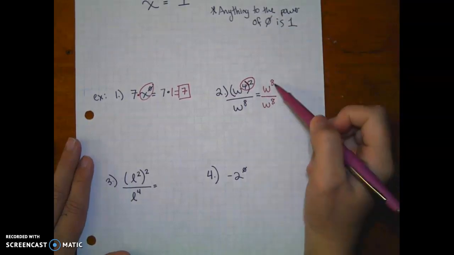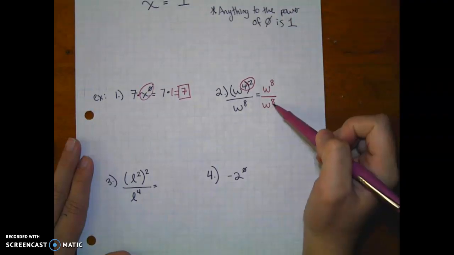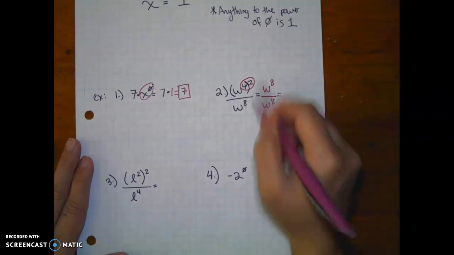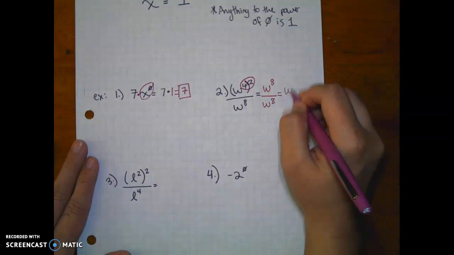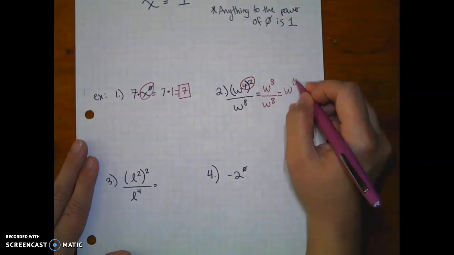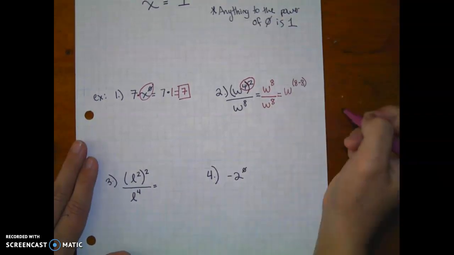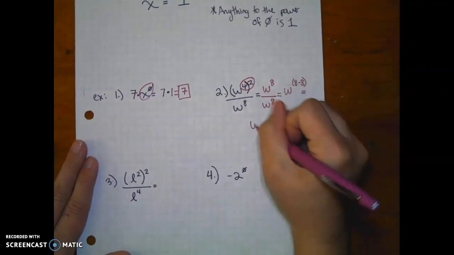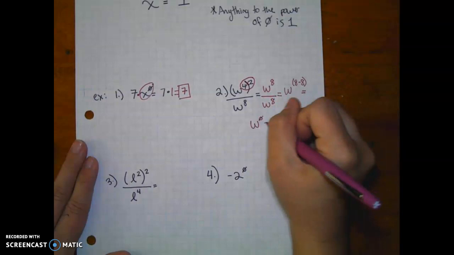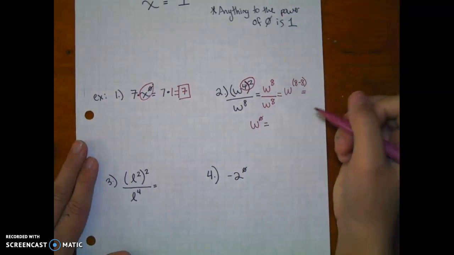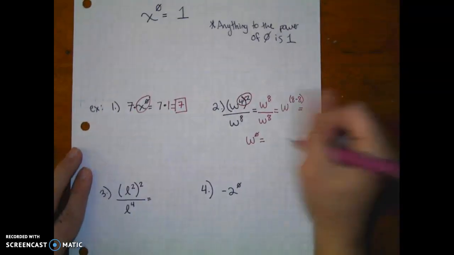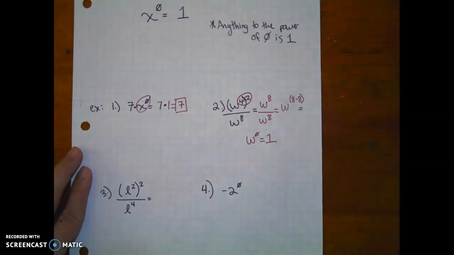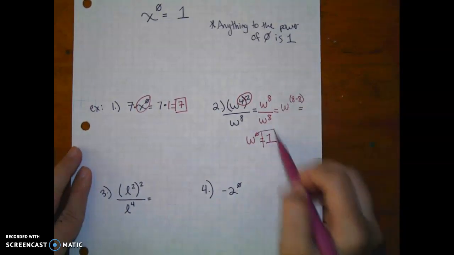Now there's both 8 minus 8, right? Because this rule states A minus B. So 8 minus 8 is 0. So I have W to the power of 0, which is going to be what? Let's look up. 1. There's your answer.